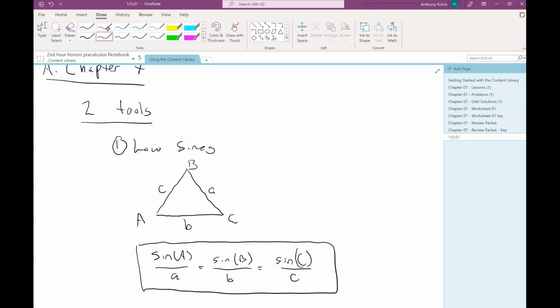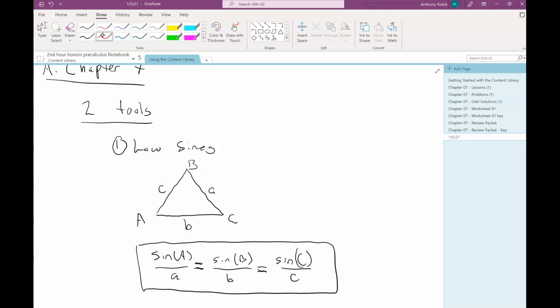Sydney, what's in between sine A over a, and sine B over b? Oh, these are all equal signs. So let's show you where this formula comes from.